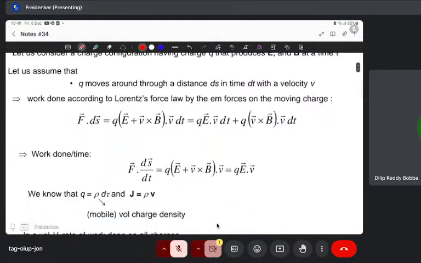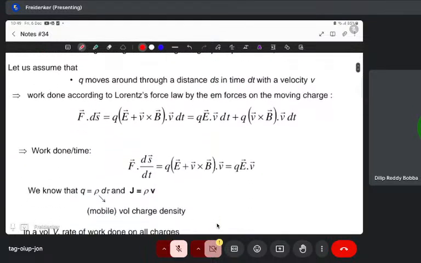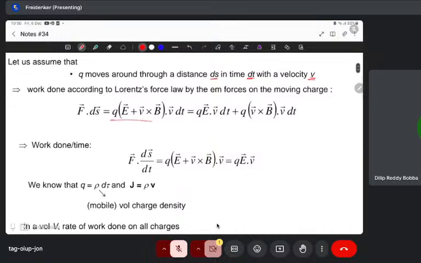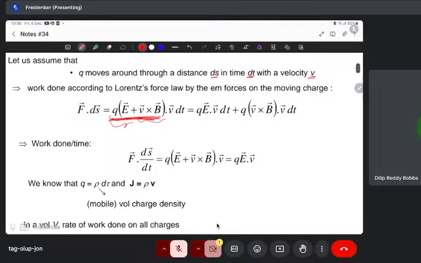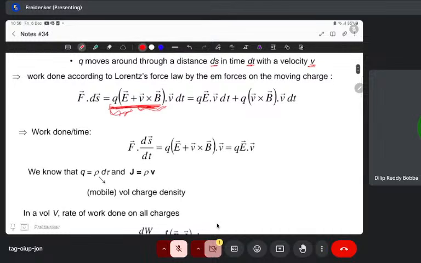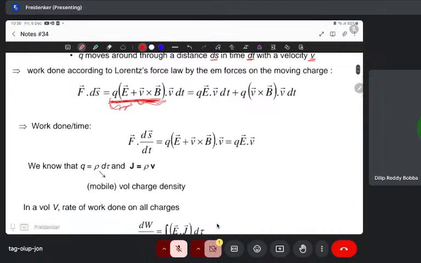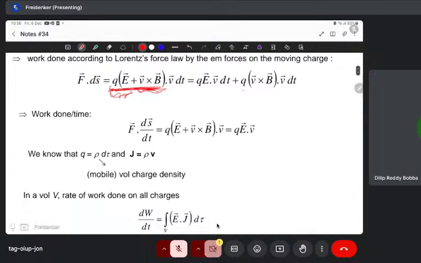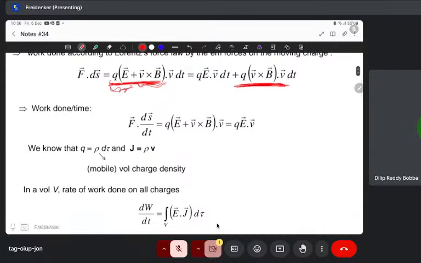Okay, now they're trying to do something. They have a charge q that is moving by some distance in some time with some velocity. This is my force, right? Electrostatic force, and this is force due to electric field, and this is force due to magnetic field. They're doing all those things. This will become zero because v cross B is perpendicular to v. If you do the dot product, this will become zero.